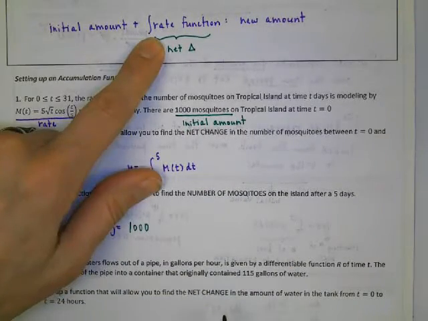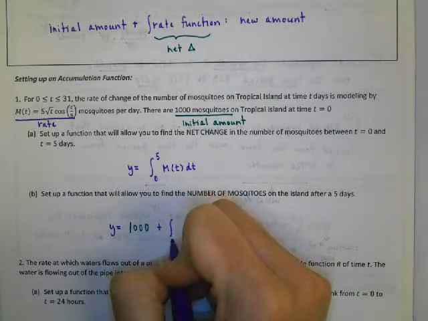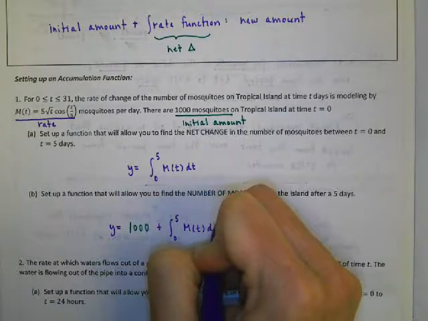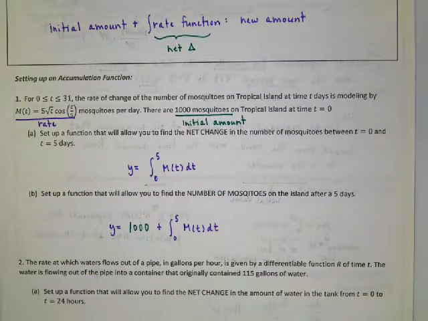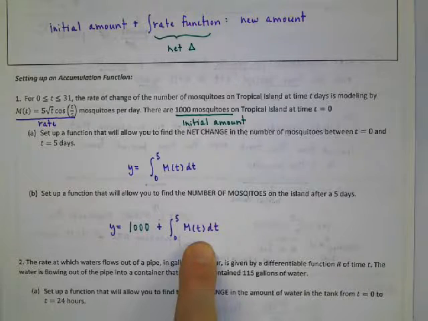And then I'm going to add the integral of my rate function. So plus the integral from 0 to 5 of m of t dt. So that'll give me the new amount. So we have the initial amount of mosquitoes plus how many we added is going to give us that total number.